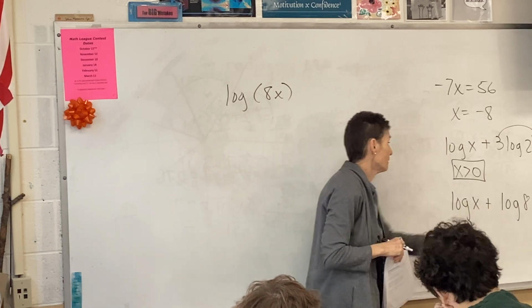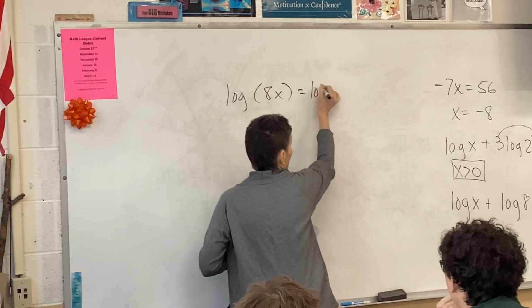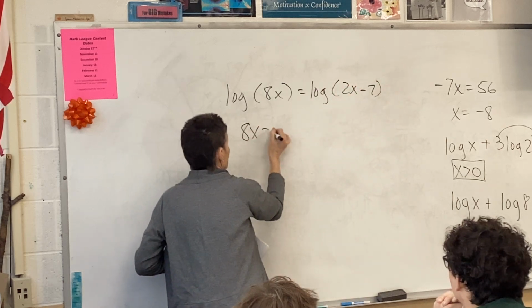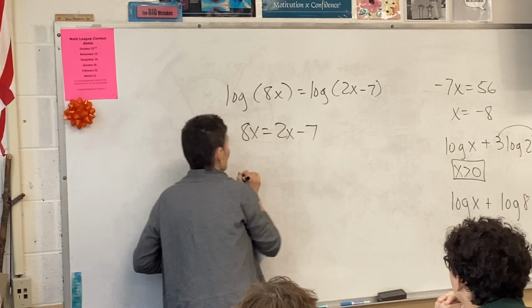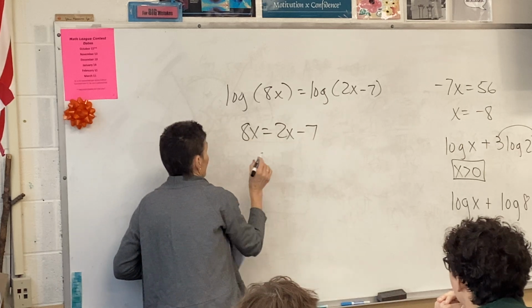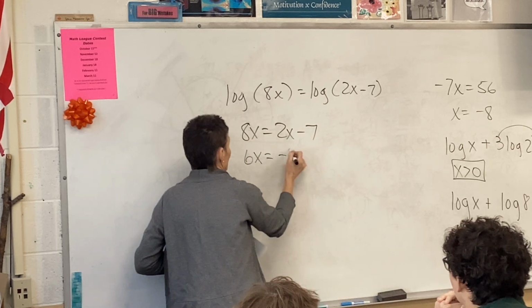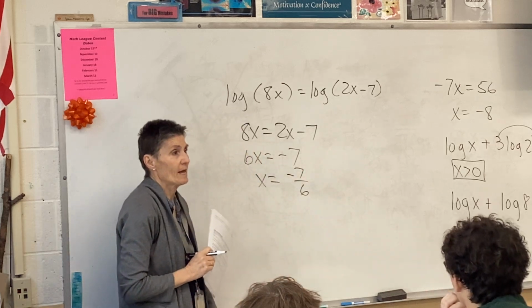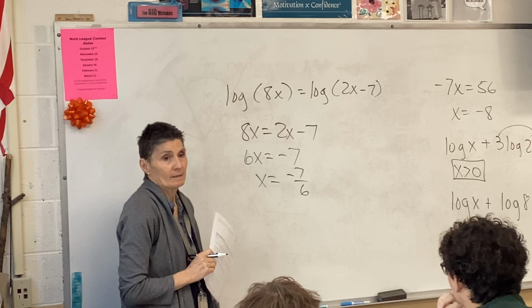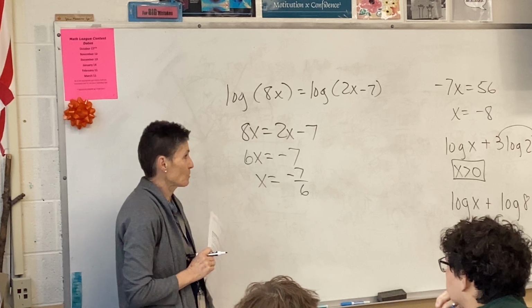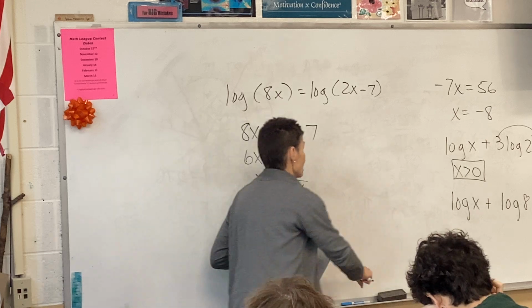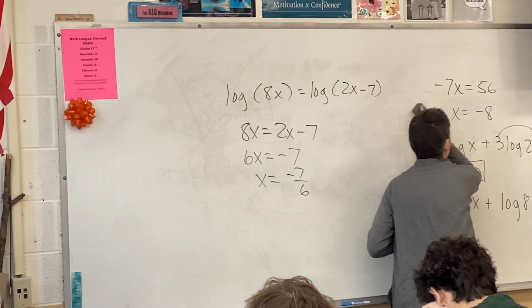We're multiplying now. So 8x equals 2x minus 7. Oh my gosh. Did we get no solution again? Yep. That Mr. Passwater is getting tricky with this. Alright, let's take a look at example 5.